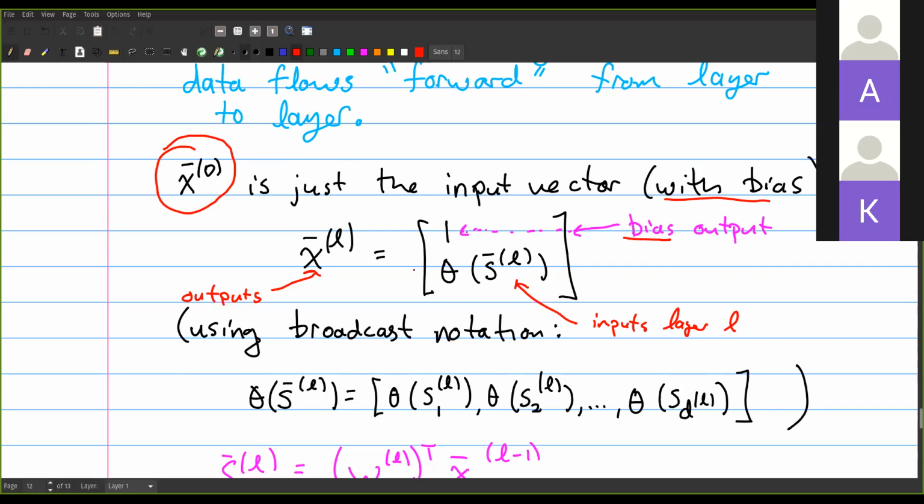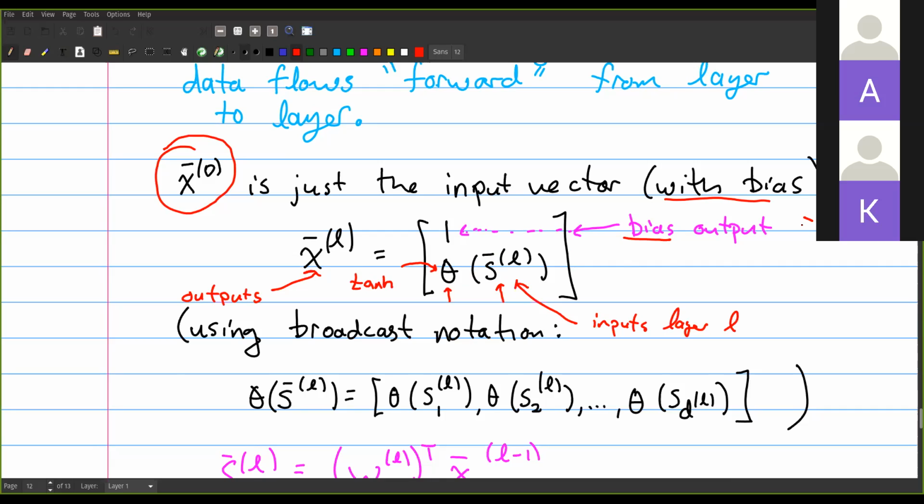To get the output for all of the non-bias nodes, you just apply the activation function to the inputs. And this is like a NumPy broadcast operation, because this is a vector, and this is a real valued function, which is just hyperbolic tangent. So what this is saying is apply this function to every entry in this vector.